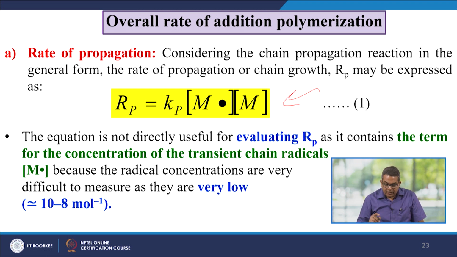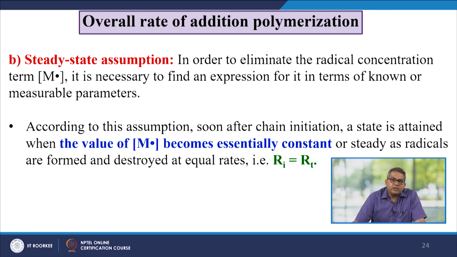This equation is not directly useful for evaluating the rate of propagation, as it contains the term for the concentration of transient chain radicals, because the radical concentrations are very difficult to measure as they are very low, maybe 10 to the power minus 8 mole per litre. So, for the overall rate of addition polymerization, we need the steady state assumption: in order to eliminate the radical concentration term [M·], it is necessary to find an expression for it in terms of known or measurable parameters.